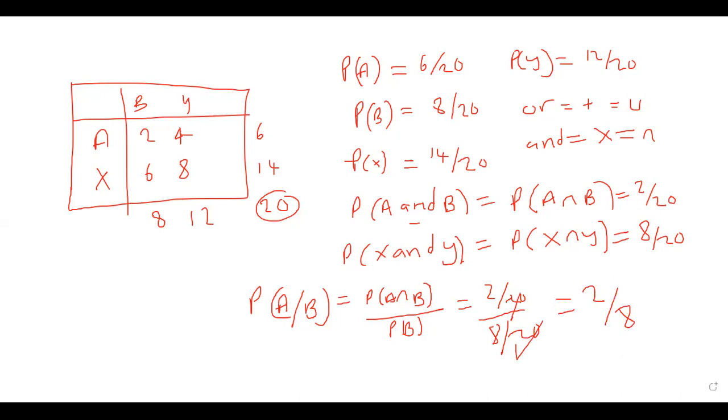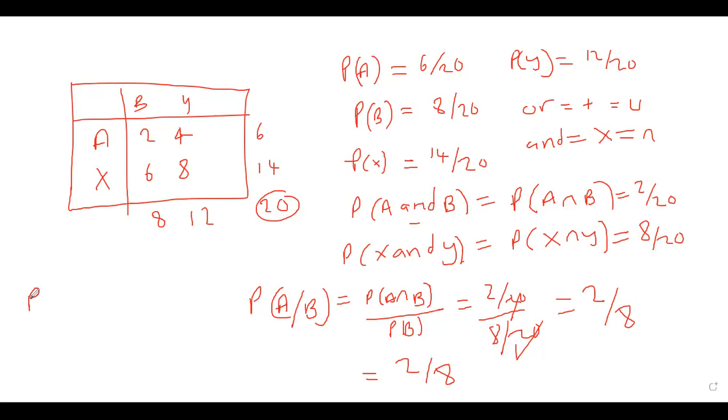But I can teach you a shortcut. A given B, you see where A and B meet. They meet at 2. But the total for the bottom number is 8. So this is where you get 2 over 8. I repeat, A given B, where A and B meet is at 2, but the total for the base is 8.